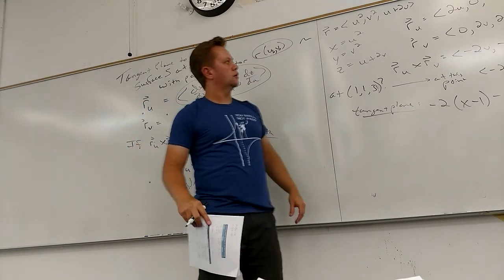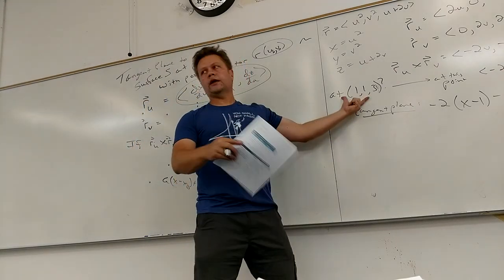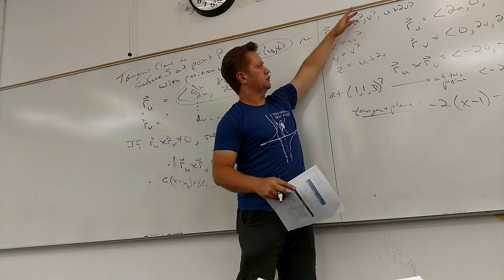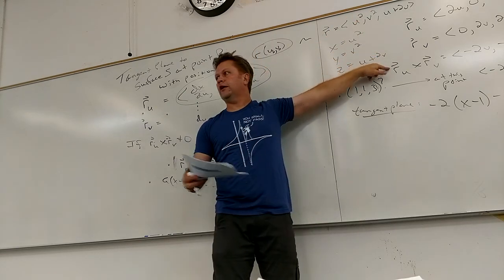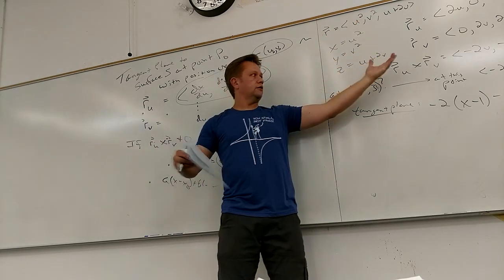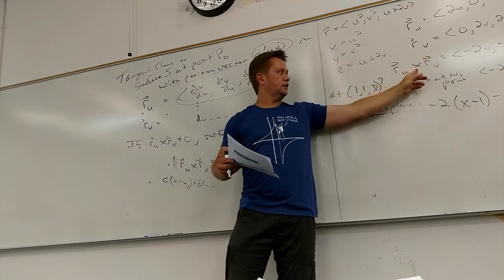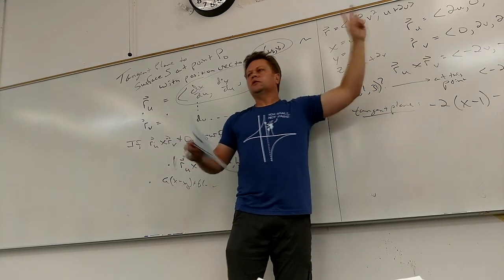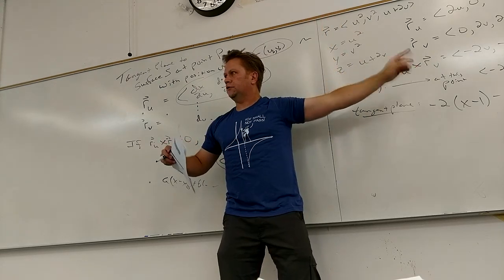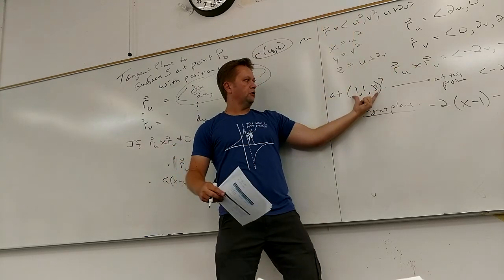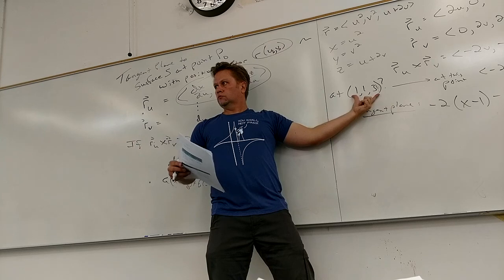At 1, 1, 3. Oh yeah, so I got to tell you this. The very first thing I did was I just got the general thing for any point. So I can find the tangent plane at any point now. This is basically going to be the slope in a way. That's the normal vector for any point. So I want to know at the point 1, 1, 3.